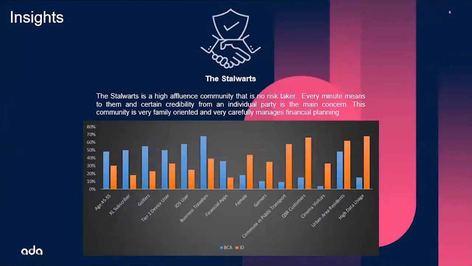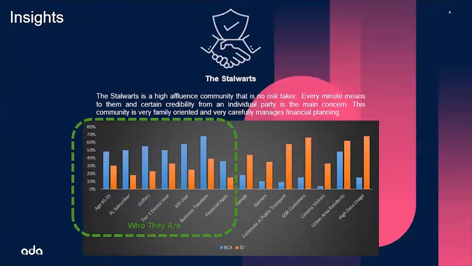So not only can we see who they are via segments, we can also see exactly who they are, such as their age, what they subscribed to, tiers of users, whether they are gamers or use financial apps, based on the percentage of their community versus the average of the Indonesia national community. So in here, we can see who they are, and then we know that these people's stability and characteristics are significant.